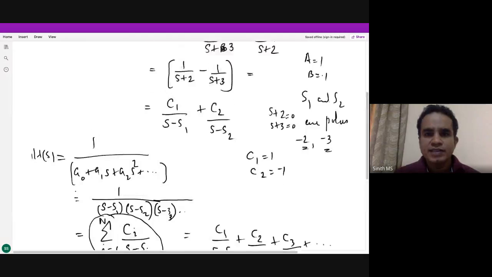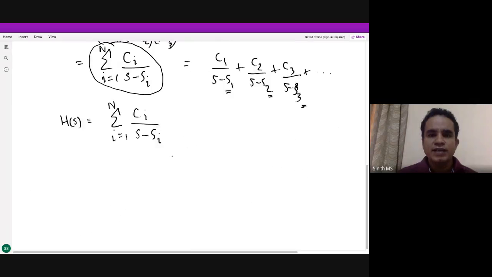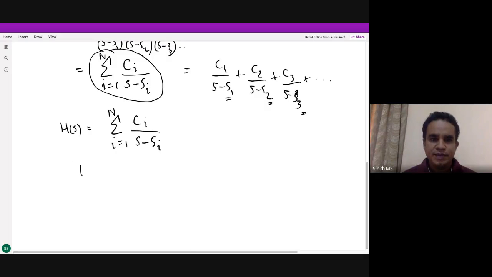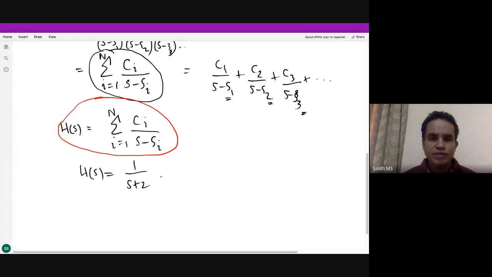Before going to generalization, let us go back to this example where H(s) is 1 by s plus 2 minus 1 by s plus 3. We will come back to this.